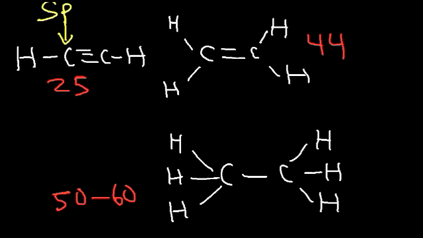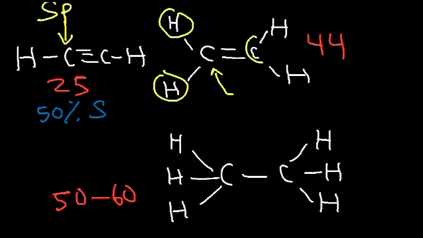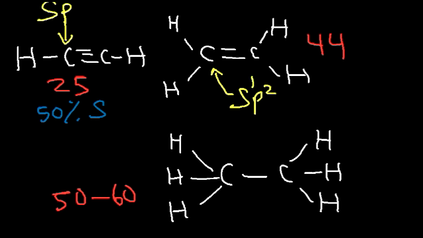If you have one s orbital and one p orbital mixed together, it's 50% s and 50% p. Now, what's the hybridization of this carbon atom? It has three groups, so it's going to be s1p2 hybridized, or sp2 hybridized. Out of three orbitals, there's one s, two p. So one s out of three orbitals, 1/3 is 33%. So this has 33% s character.